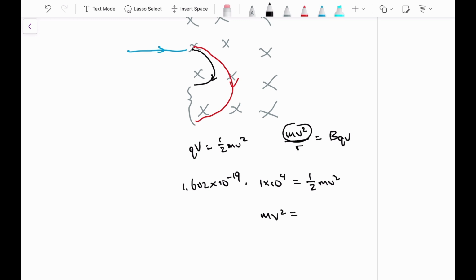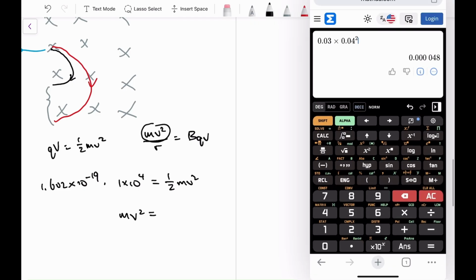So over here, that will be equal to 1.6 times 10 to the negative 19 times 10 to the 4, and then times 2. So that is equal to 3.204 times 10 to the minus 15.